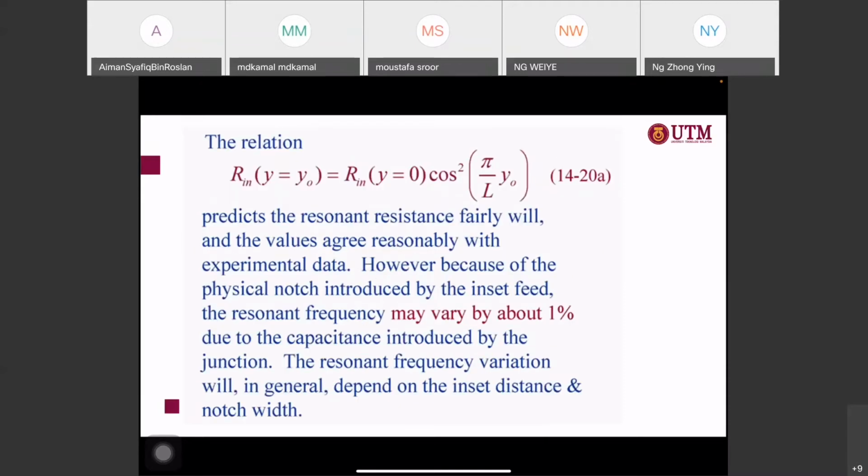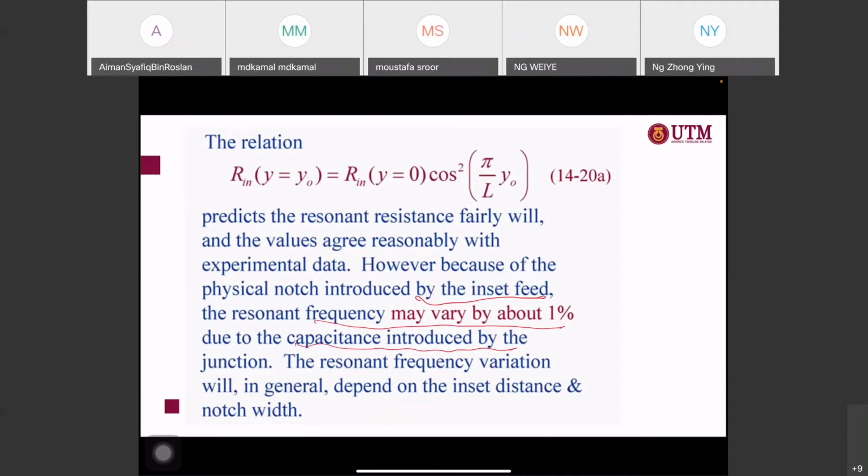What we can see is that the relation is R_in(y0) equal to this. It predicts the resonant resistance value, and the values agree reasonably with the experiment. However, because of the physical notch introduced by the inset feed here, the resonant frequency may vary about 1% due to the capacitance introduced by the junction here.